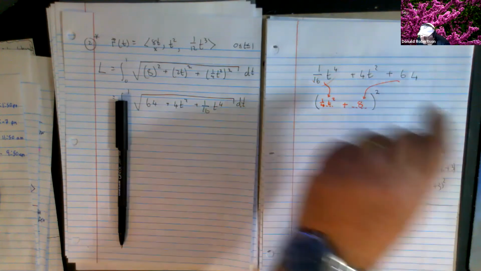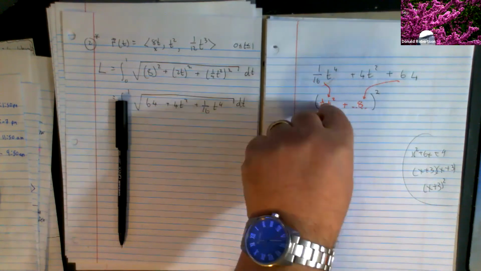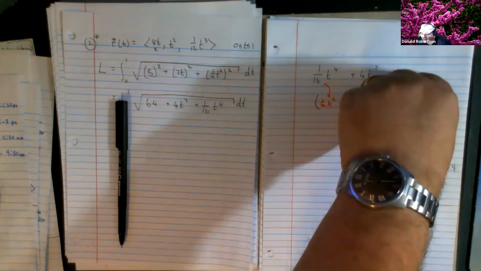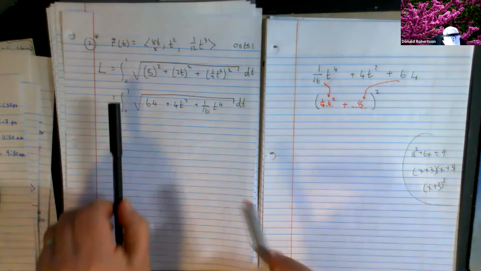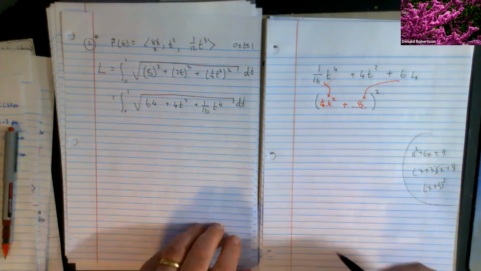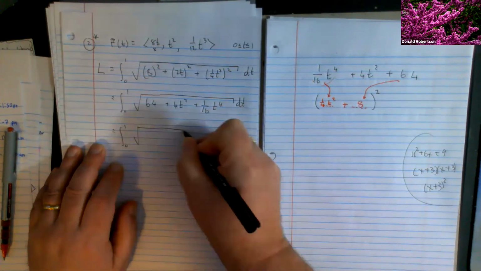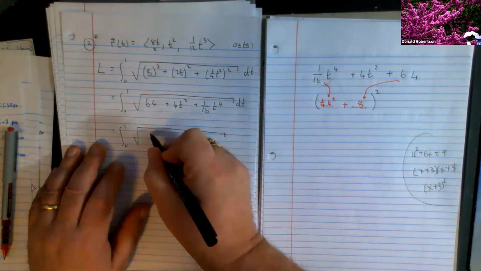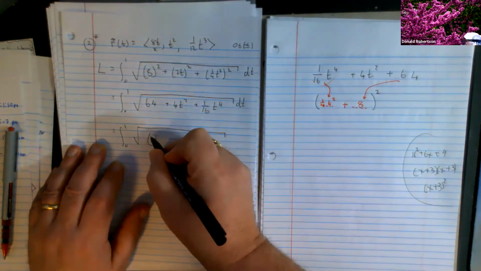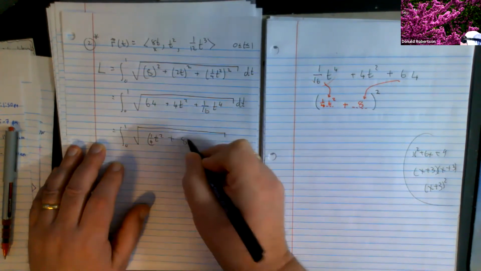Put them in order. The square root of the first guy goes here. The square root of the last guy goes here. That will be a perfect square. Which means I can now return to my question. And it now becomes the integral from 0 to 1, the square root of (1/4 t squared plus 8) all squared.